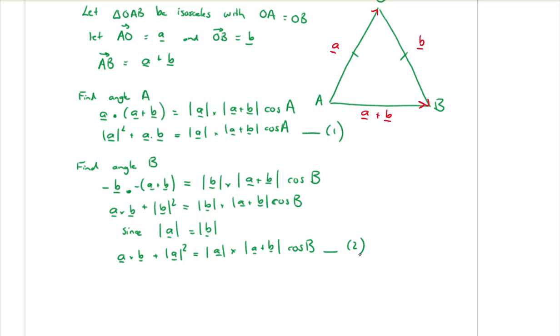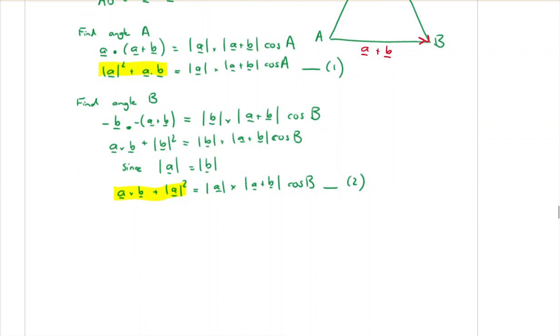Now have a close look at the two equations, equation 1 and equation 2. It's the same. See how you've got length of A squared plus AB, length of A squared plus AB. So I can sub one equation into the other and those two parts will just disappear. So if I write this down, it's going to be sub 1 into 2.